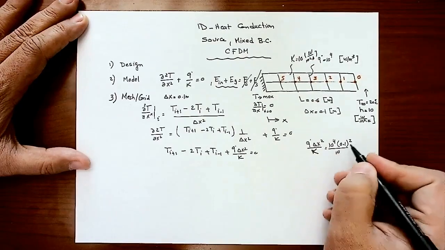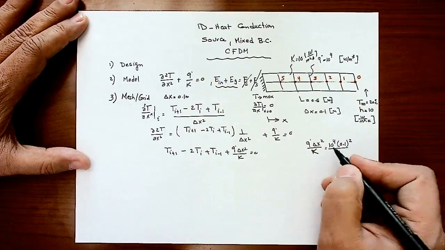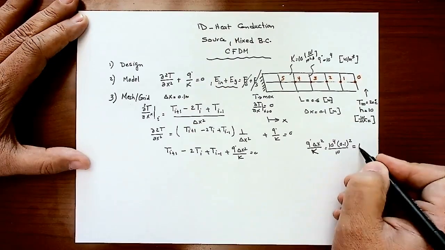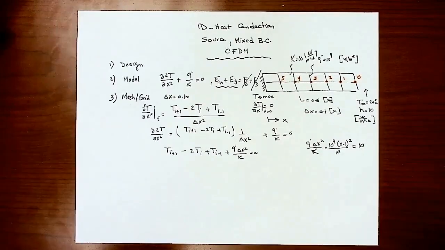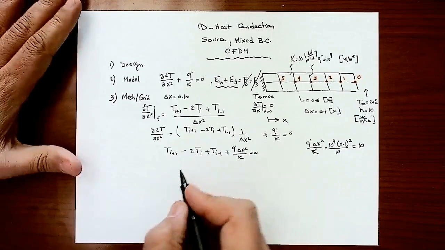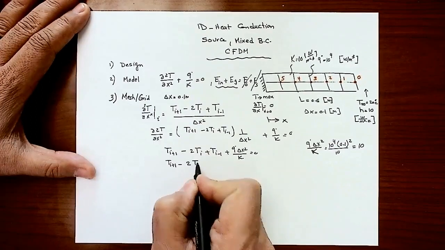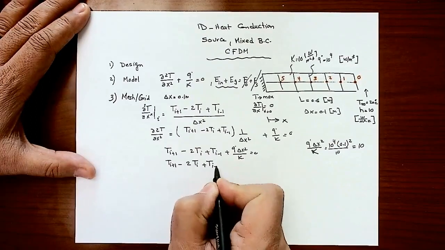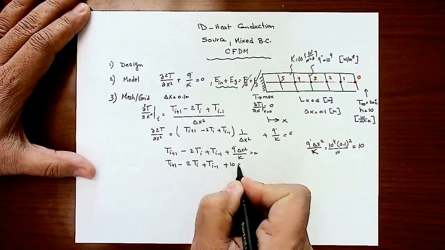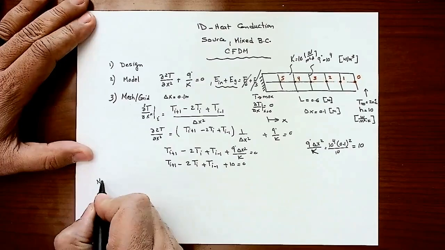So 0.01 times 10 to the fourth gives me 100, divided by 10, so that value is 10. And this is very similar to what we got in our previous example when the heat source was included. So this equation will simply be Ti plus 1 minus 2 Ti plus Ti minus 1 plus 10 equal to 0. So now let's apply this equation here for node number 5.